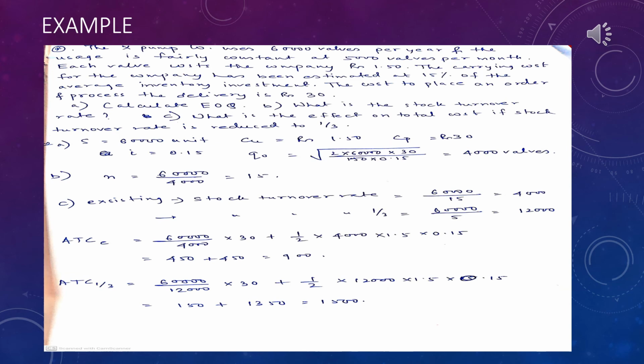Now moving on to the calculation of the total cost. If we are calculating the procurement cost and the annual inventory carrying cost at EOQ, the ordering cost should be 60,000 divided by 4,000 into 30, and the inventory carrying cost is Q by 2 into CU into I, where Q is taken as the economic ordering quantity, 4,000.